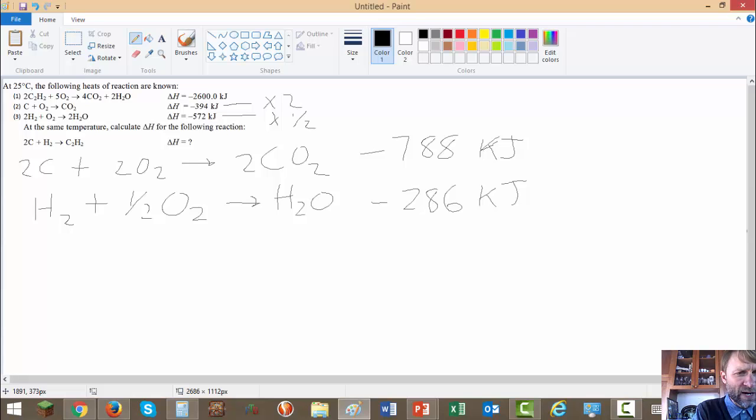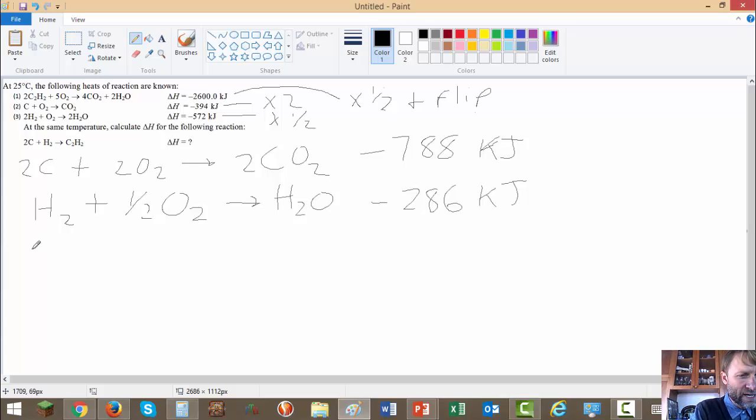Now finally, in the products, we need 1 C2H2, but we're given in reaction 1 2 C2H2s as reactants. So reaction number 1, we have to multiply by 1/2, and we need to flip it over. That's going to change the sign.